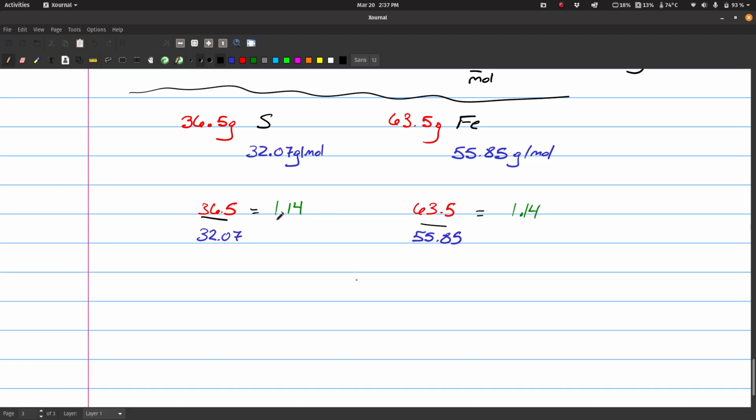They're both 1.14, so it doesn't matter which one you pick. We're going to divide 1.14, and then these are both going to equal 1. So that means our empirical formula is equal to FeS, iron sulfide.